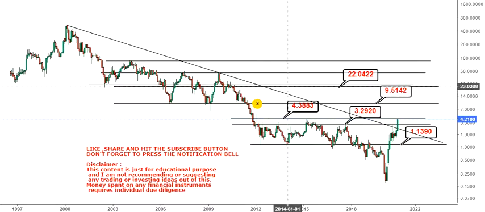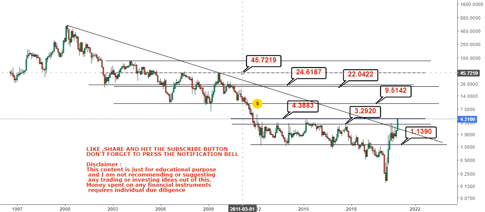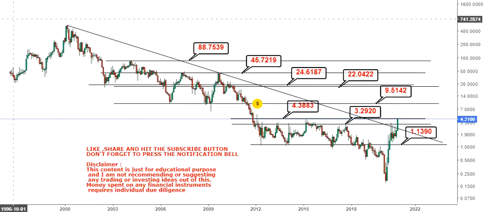Then we have $22 followed by $24. After that we have $45, and it could go as high as $88. So that's the opportunity we are discussing here, and as you can see, it is probably a 20 bagger move, which could unfold if the breakout upholds and if it indeed sustains above $4.5.